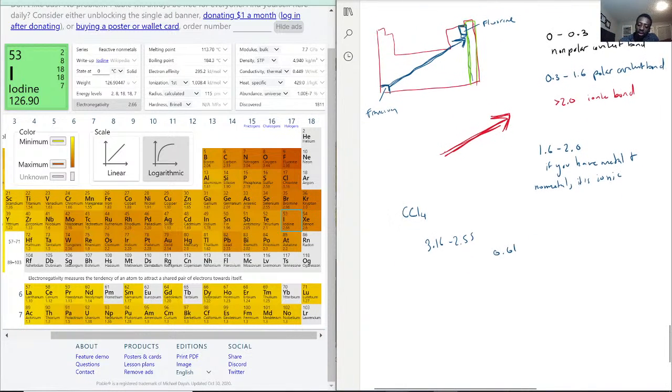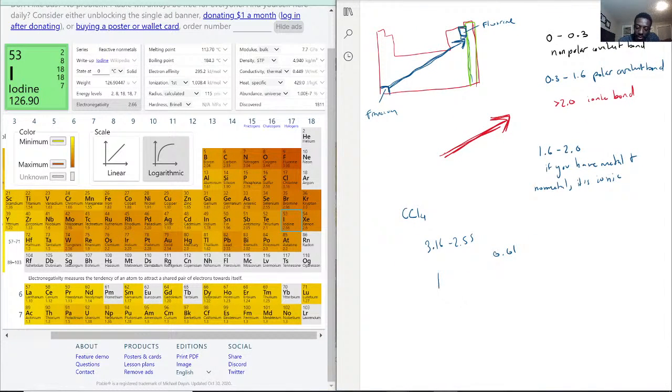But if we were to draw this out, actually, we'd have a perfect tetra structure. And this, because actually there is equal pull in every direction.